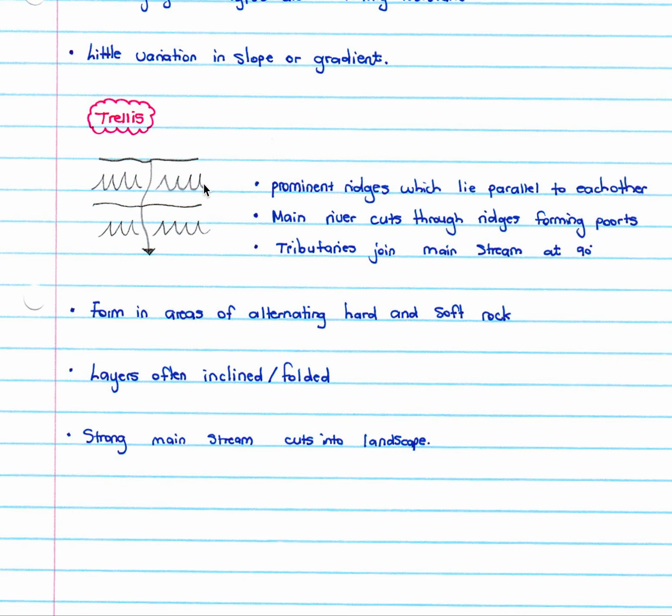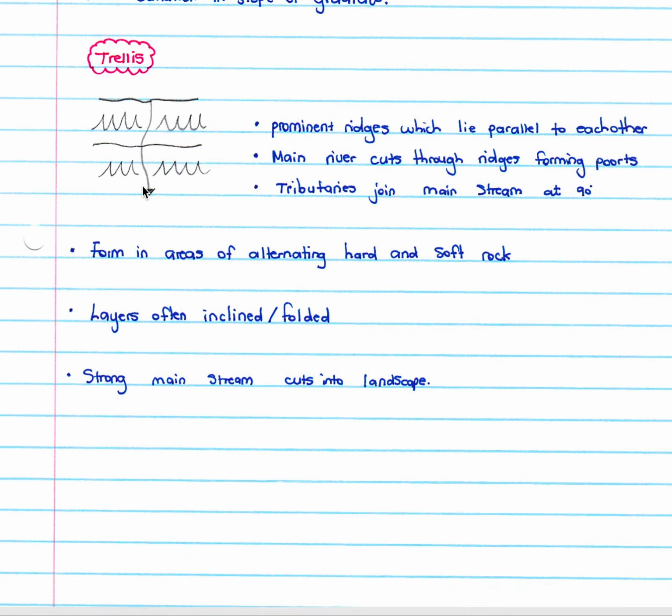So your ridges would be your hard rock, whereas where your tributaries flow, you would have softer rock where the water is able to erode and form a river channel. The layers are often inclined or folded, and the strong main stream cuts into the landscape. As you can see here, the strong main stream has cut through the hard layer of rock or the ridge.